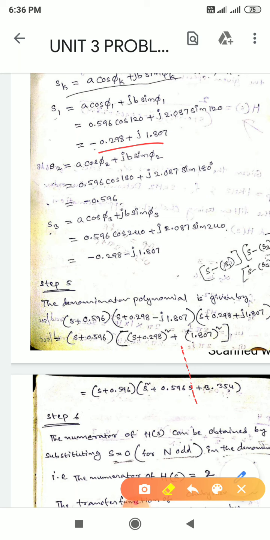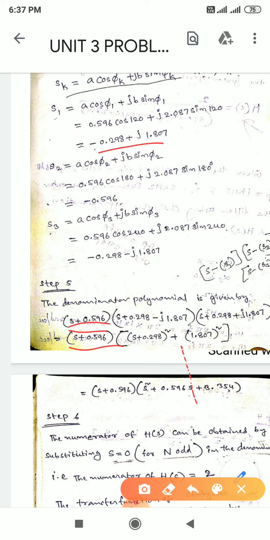Similarly for this root, s minus of minus 0.596 means s + 0.596.